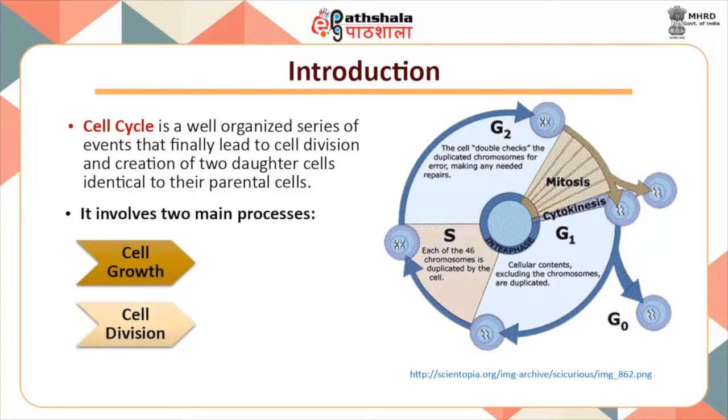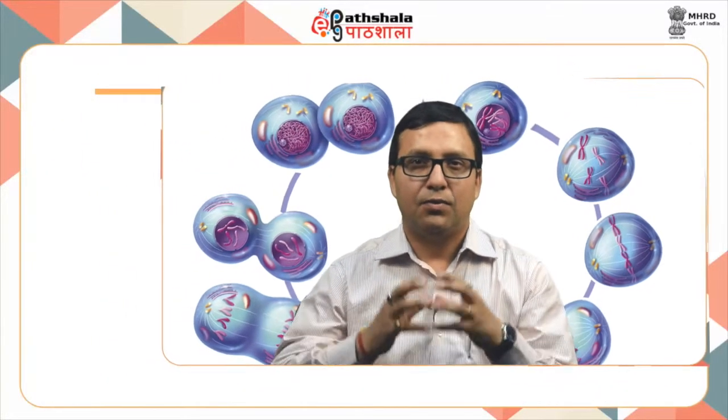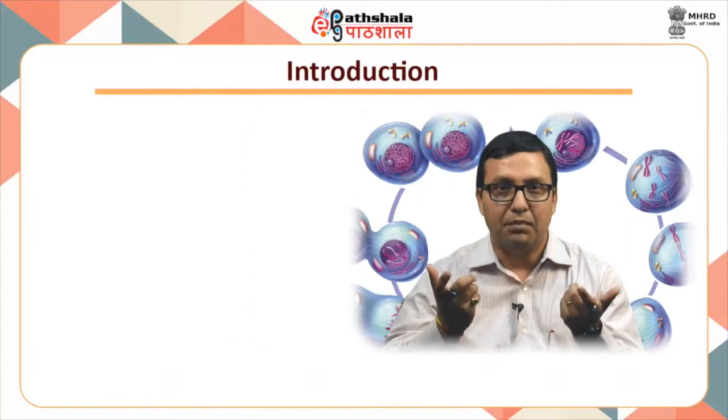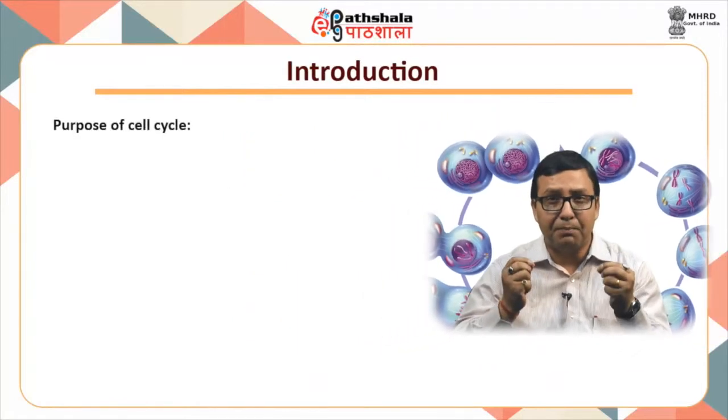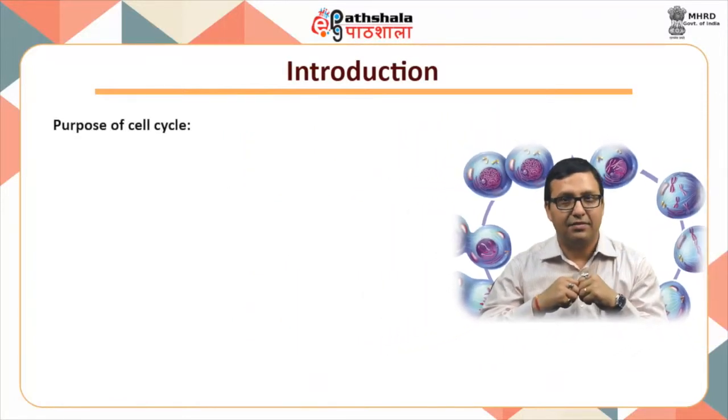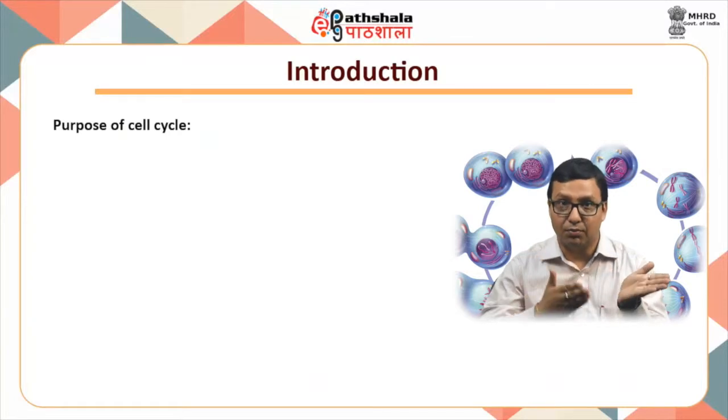Cell growth is an increase in cytoplasmic content, and cell division is the process when the cell finally divides into two newly formed daughter cells. Now, you must be thinking, why do cells divide? I mean, what is the purpose of the cell cycle? Is it the same in both prokaryotic and eukaryotic cells?